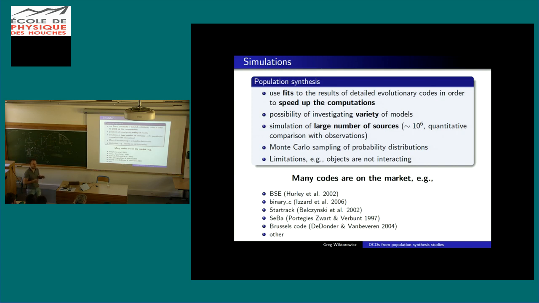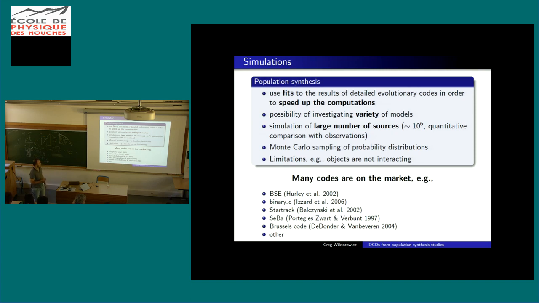If we take a detailed evolutionary code, for example MESA or the Geneva code, we can simulate several types of stars. We can do tens, maybe hundreds of these stars, in some reasonable time, like a month. But even these hundreds of stars are nothing in comparison to realistic star populations.